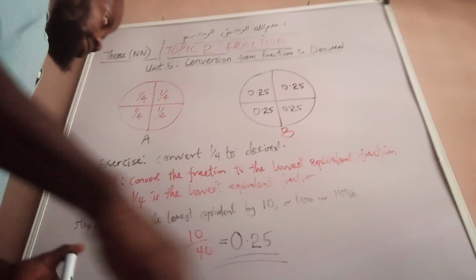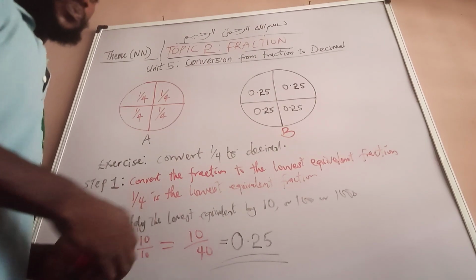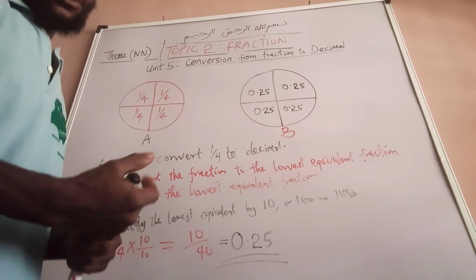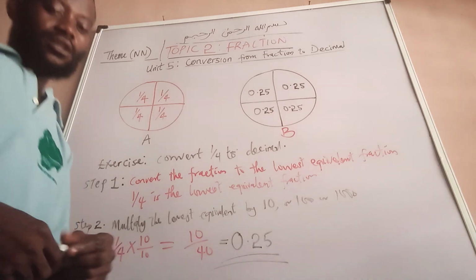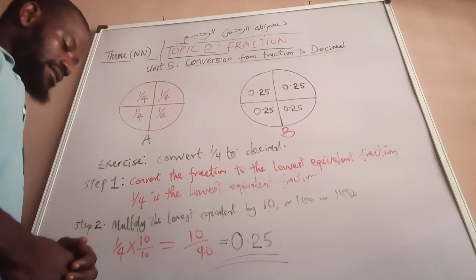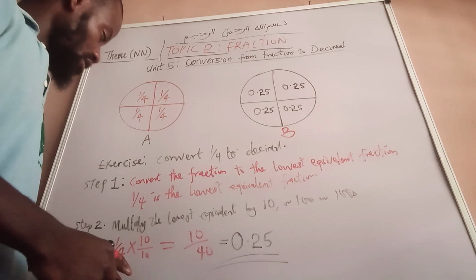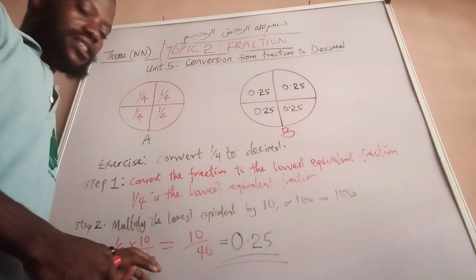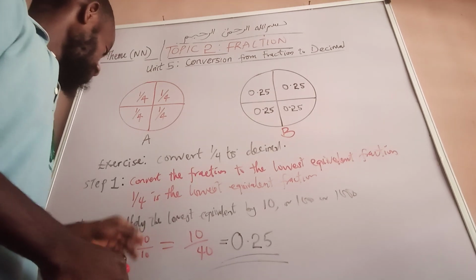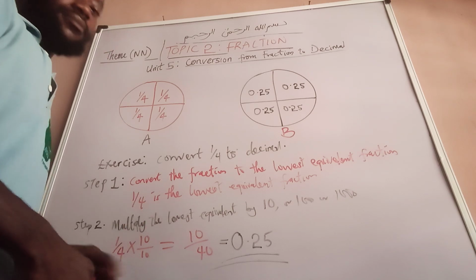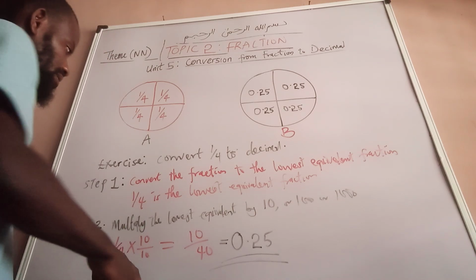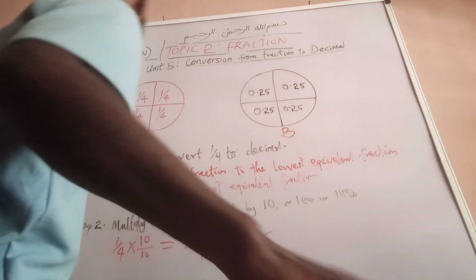If you don't go by this, another method is that you find a number that you will multiply with this base to give you 100. That number will be multiplied at the base. Multiply the denominator.